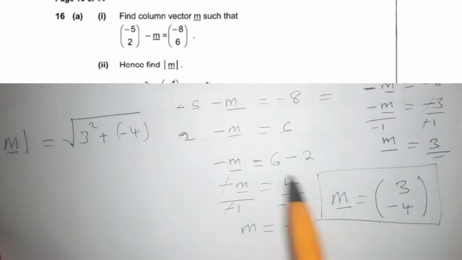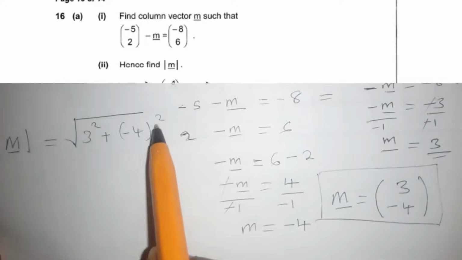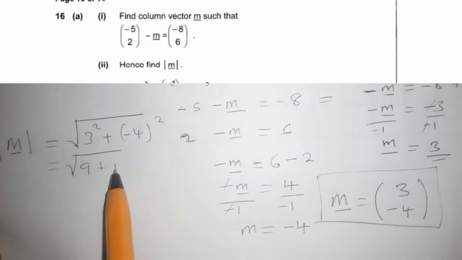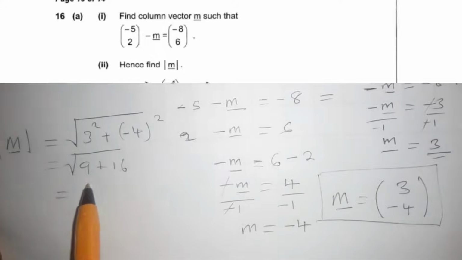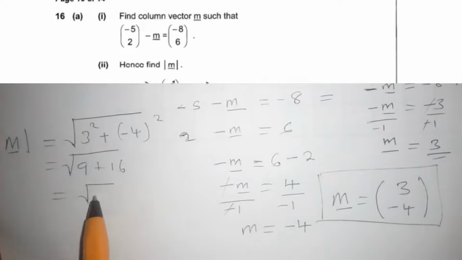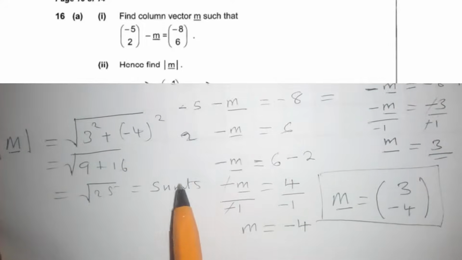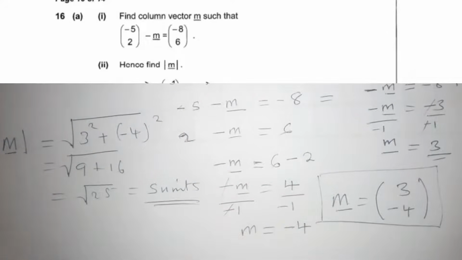So put the brackets because there is a negative sign here, squared, which will be equal to 9 here plus 16. When we work out, you have root over 25, which is equal to 5 units. So this is how it works. And if you can see nicely, the questions are almost the same. They're asking almost the same question. All right, thank you very much.